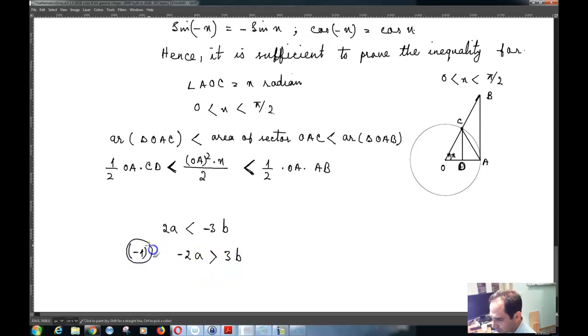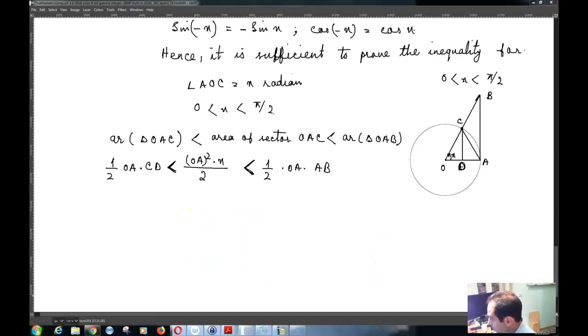Meaning that when you multiply an inequality by a negative 1, this sign, which is less than, becomes greater than. So you need to be careful about that.